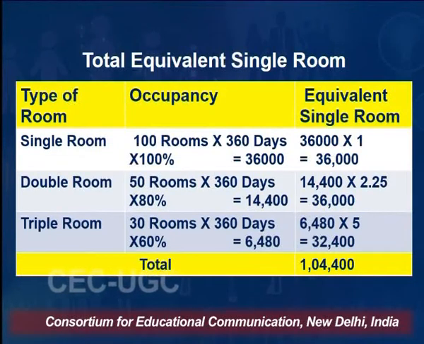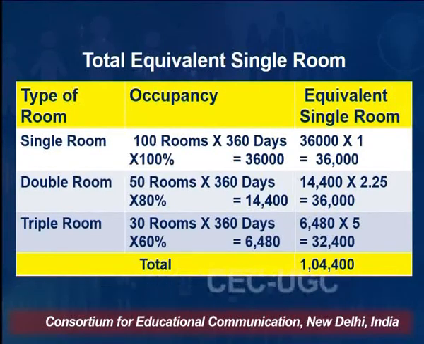Why have we multiplied it by 100%? Because the question has reported that single rooms are occupied to the extent of 100%. For the equivalent single room, 36,000 into 1, we assume the price to be 1, because this is the point of reference. So for the single room, the equivalent value comes to be 36,000.